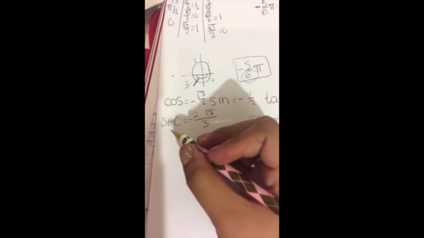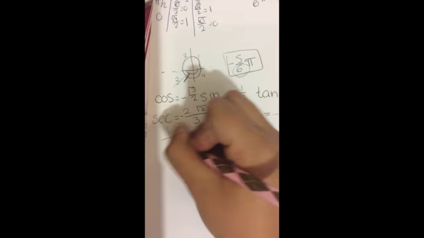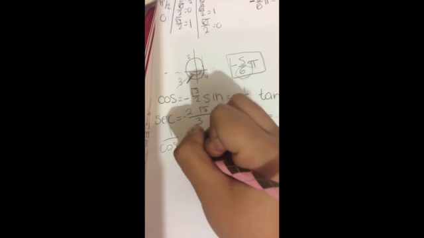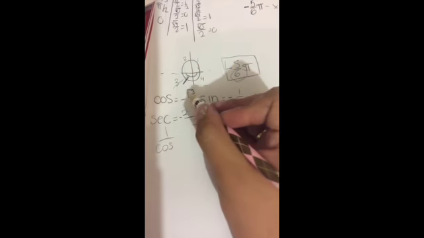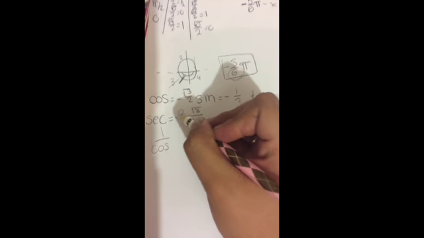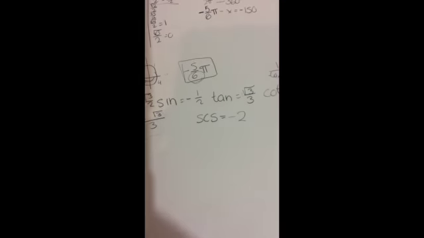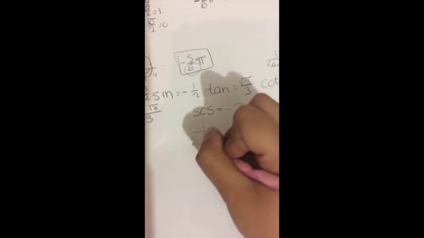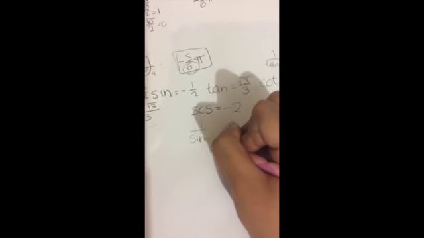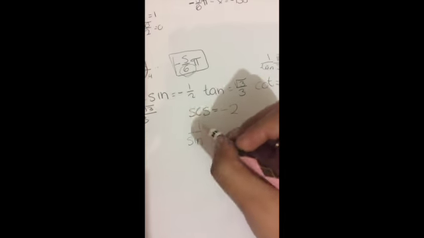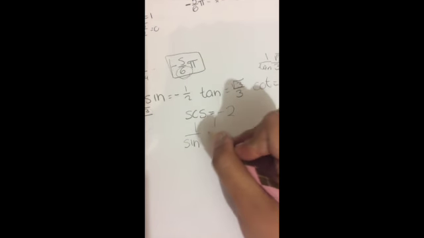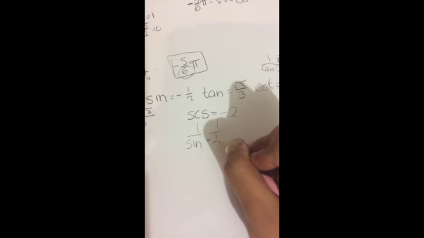Then we got our secant, that is the opposite to the cosine, so you have to do 1 over cosine, which means 1 over square root of 3 over 2, and this is what you have. And then the cosecant, which means the opposite of the sine, you have to do 1 over sine, 1 over minus a half, and you get minus 2.